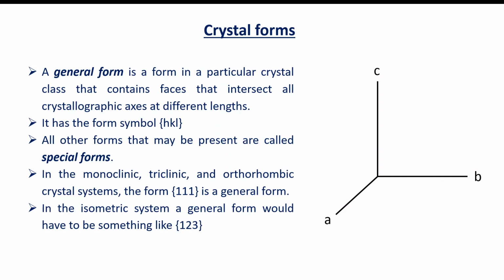So the axial lengths of an isometric crystal are exactly equal, but I am having an intercept of 1/3 at one axis, 1/2 at one axis, 1 at one axis. That's why the Miller indices are 1, 2, 3. So that means you are dealing with a face which is cutting all 3 axes at 3 different lengths, not the same length, though the individual axial length of an isometric crystal is exactly the same, a equal to b equal to c.